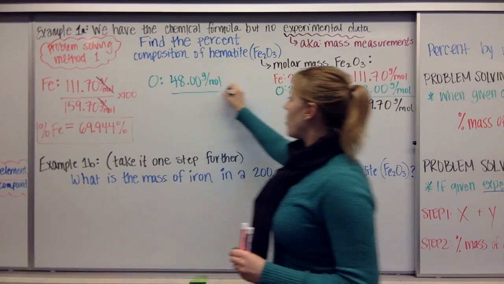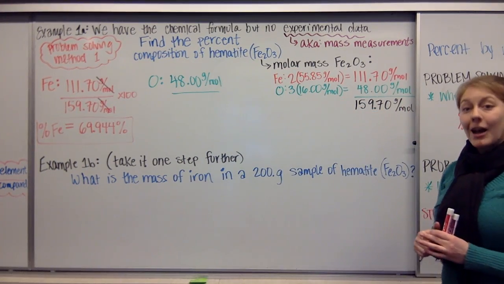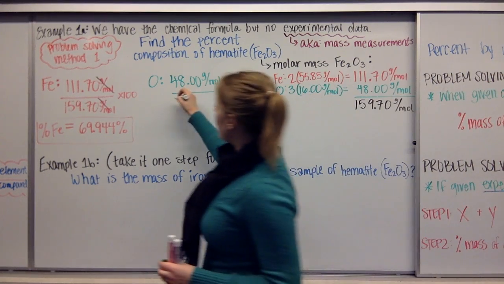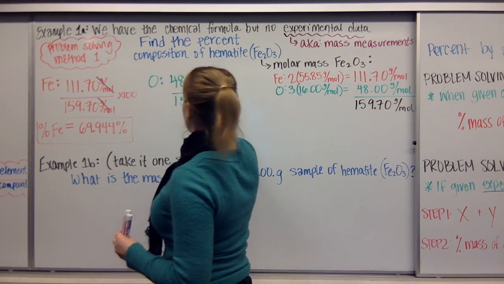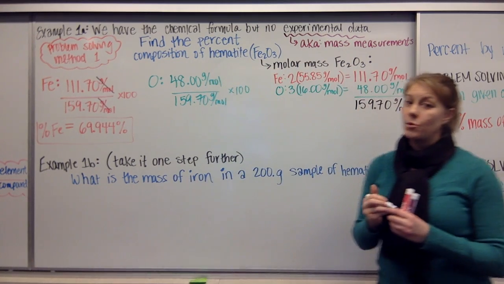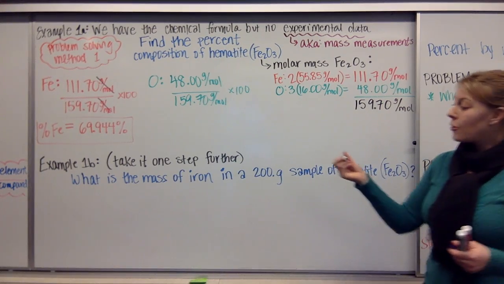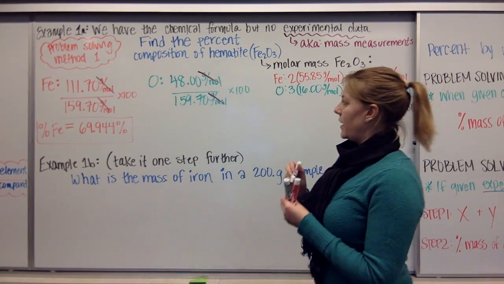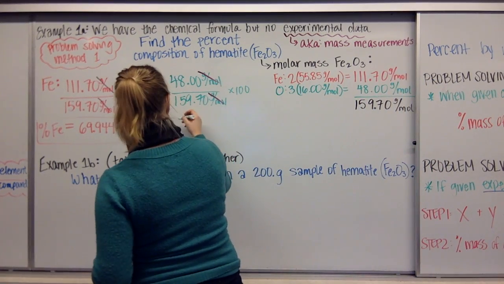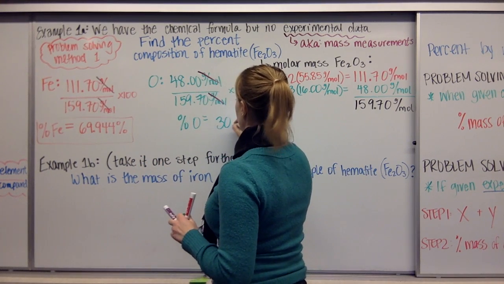We're going to divide it by the whole. Notice that the whole is the same whole that we used for iron. The compound molar mass does not change: 159.70 grams per mole, times 100, the only way to get it into a percent. And what unit crosses off here? Grams per mole. So we divide this out and multiply, and we get that the percent of oxygen is 30.06%.